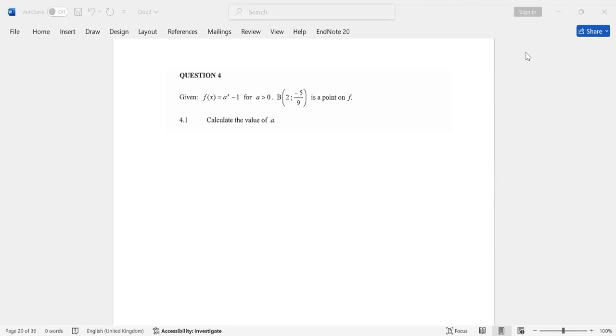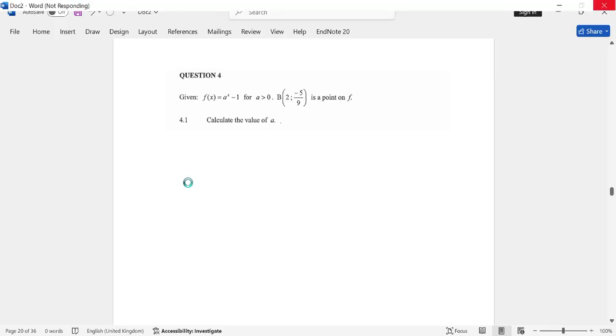Now the next question is question number 4. Given f of x equals a power of x minus 1 for a greater than 0, B(2, minus 5 by 9) is a point on f. Calculate the value of a. Okay, we have the given function f of x. We have to find the unknown base a.